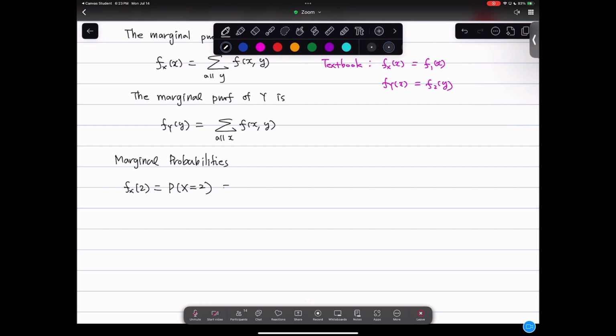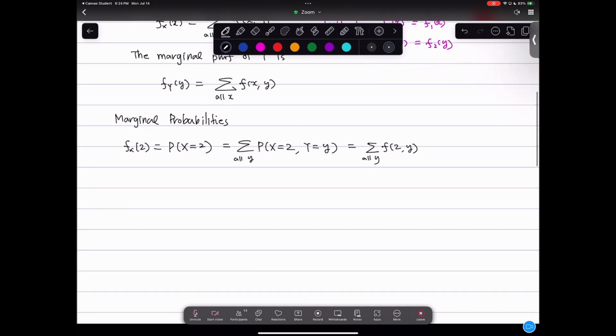So I want to add all these probabilities when x has to be 2, but any y value. I'm going to be adding all these probabilities for any pair 2 and whatever the y value. So that becomes f of 2 comma y for all the y values. That's pretty intuitive. So x is fixed, that's 2. Your y value, you get all the different y values, you get all the probabilities added up together.